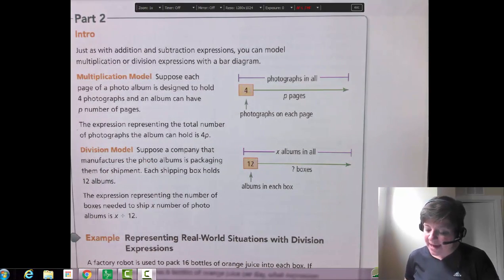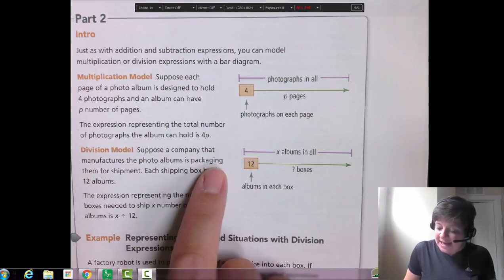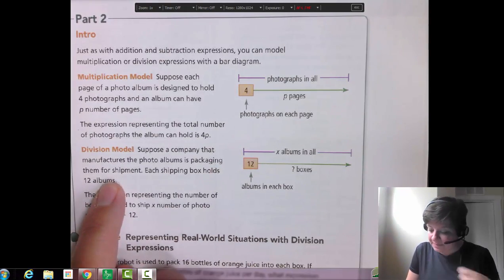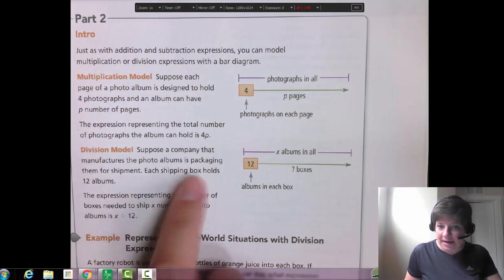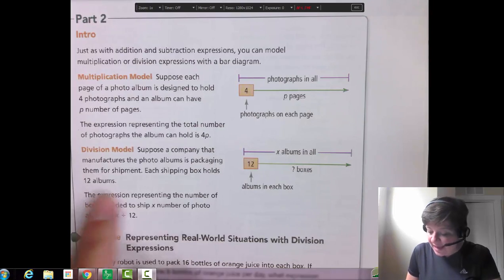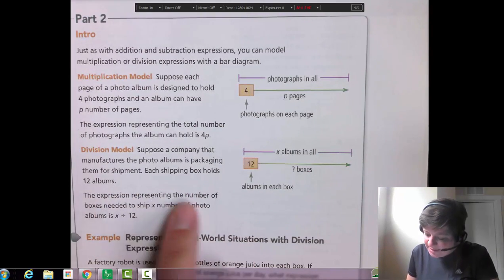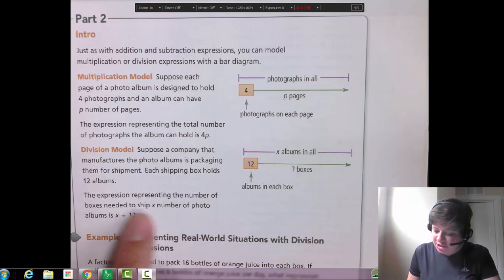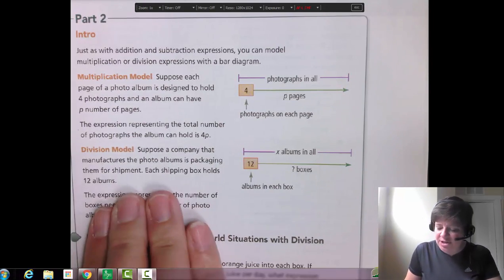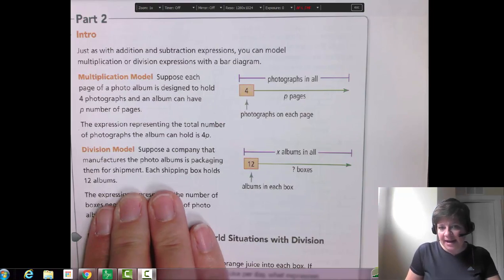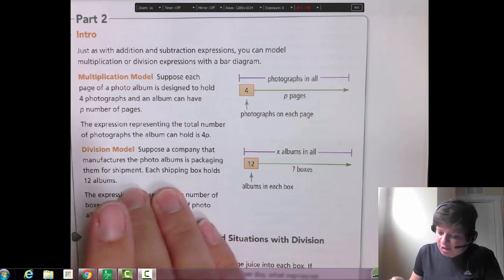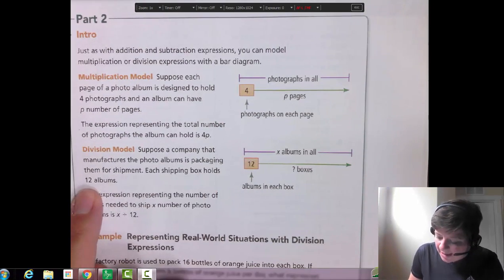Suppose a company that manufactures the photo albums is packaging them for shipment. Each shipment box holds 12 albums. The expression representing the number of boxes needed to ship. So what is an expression needed for the number of boxes? Each shipping box holds 12.